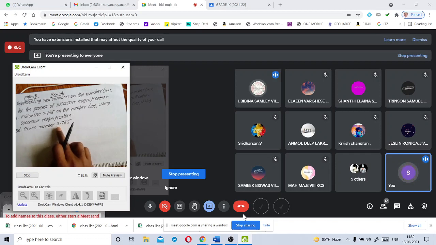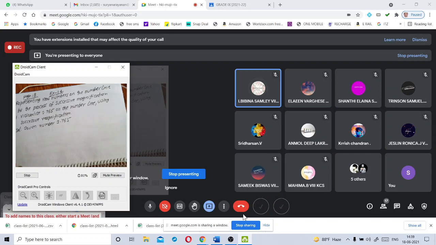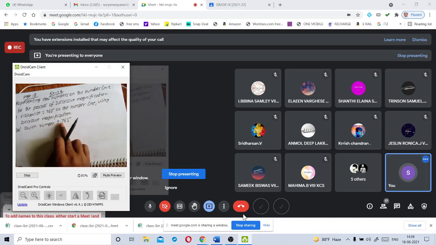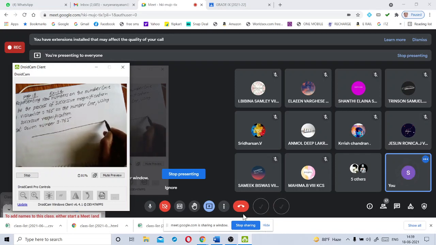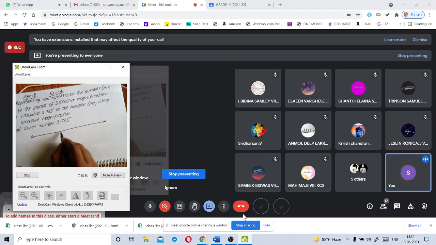Can you tell me between which numbers 3.7 lies on the number line? So between 3 and 4. Yes or no? We have to identify between which numbers this number lies. So we have to draw a number line. Here 0, here -1, on the left side we write -2, -3, -4 and so on.